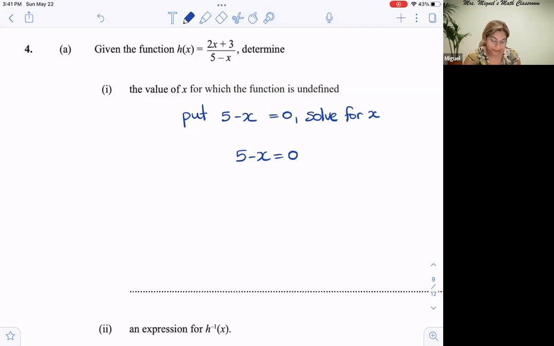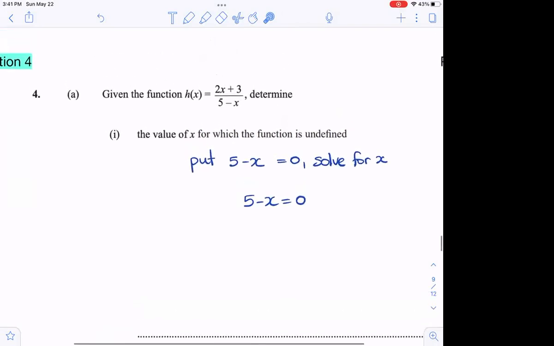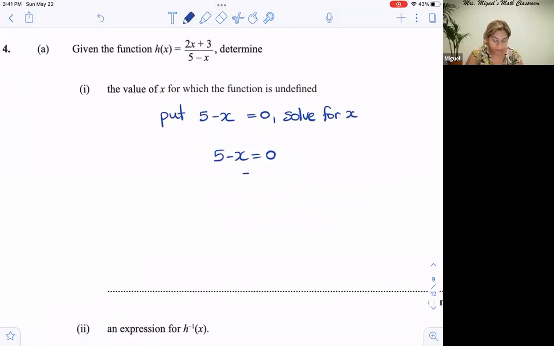So since this is negative here, we will take this and move it across, making it positive. So x is equal to what value? Five. Yes. So you're probably thinking, well, Miss, what does it mean to be undefined?